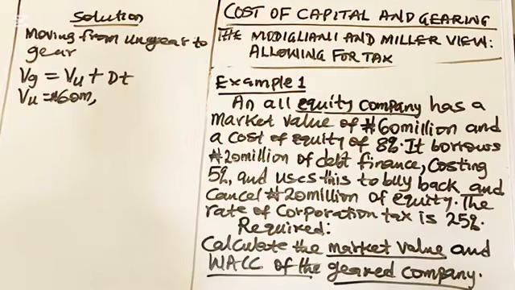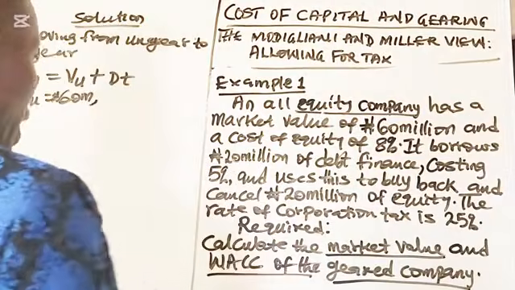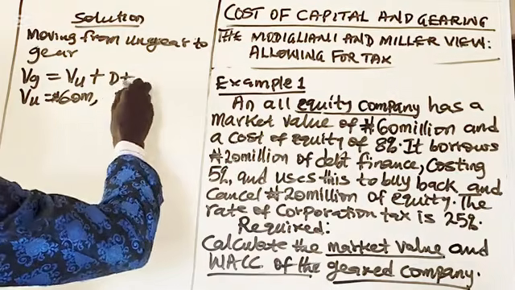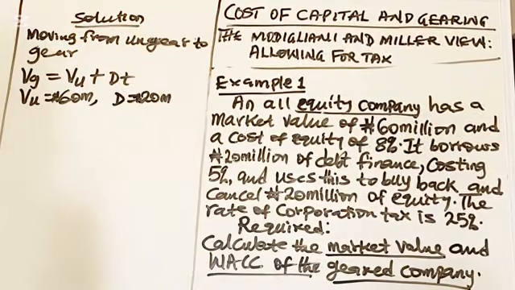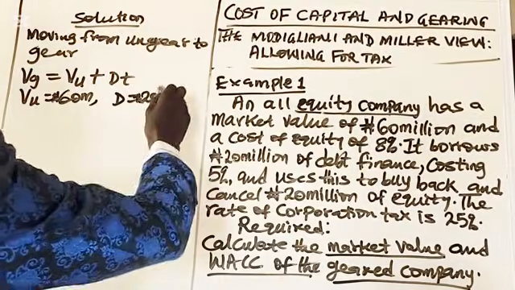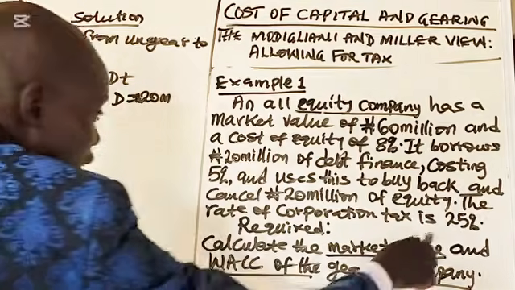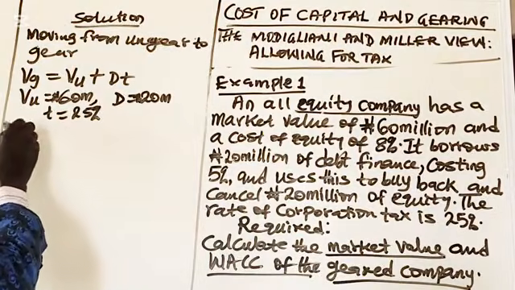The company which was not geared now wants to resort to arbitrage by borrowing 20 million naira of debt finance. So that means the value of debt will now be 20 million naira. The tax rate is given to be 25%. So what would be the value of a geared company?